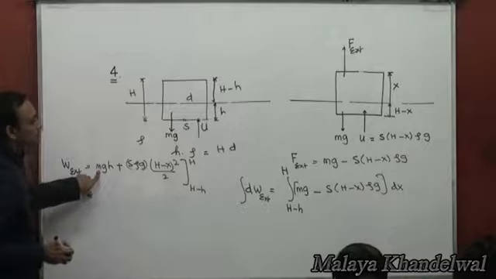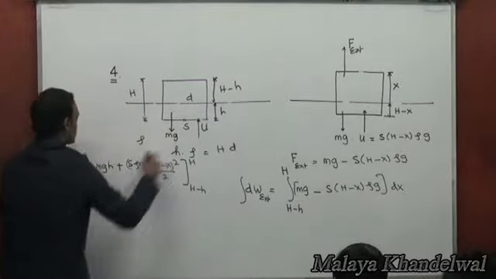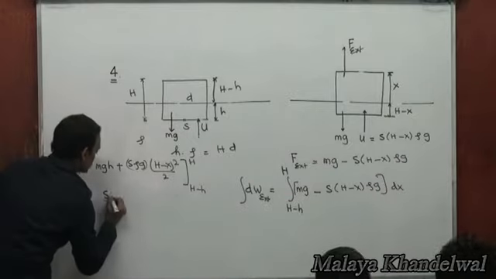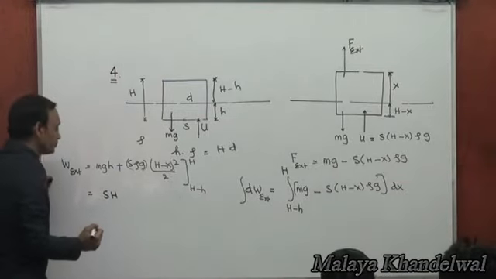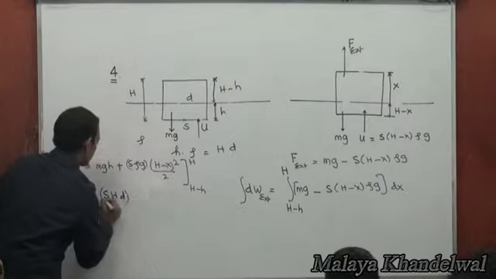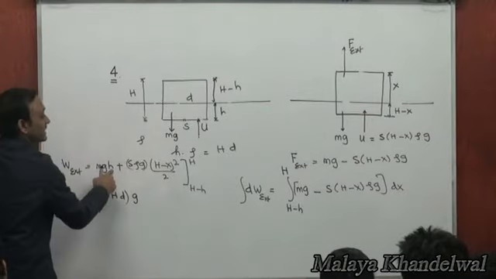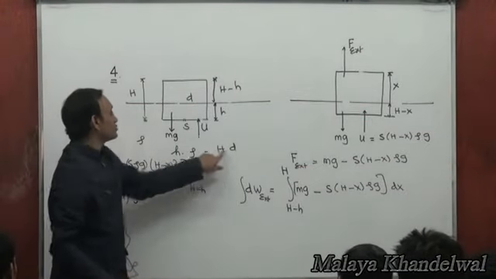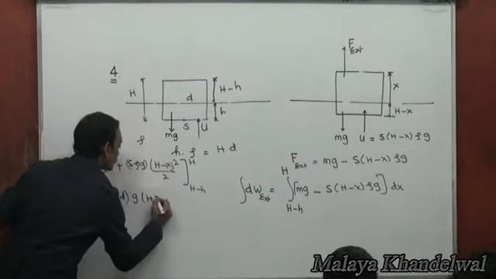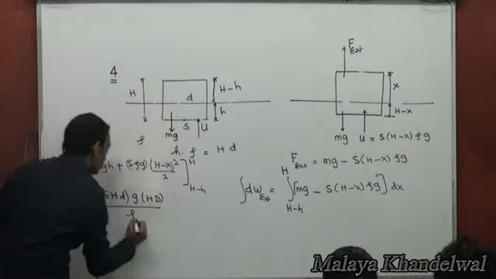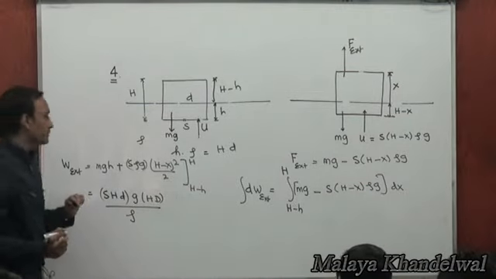Initial mass, total mass of the wooden block is going to be S into capital H, the volume, into density, V into g, and this H can be replaced by capital H into d by rho. Rho is this, right?